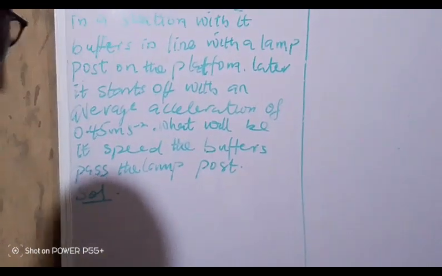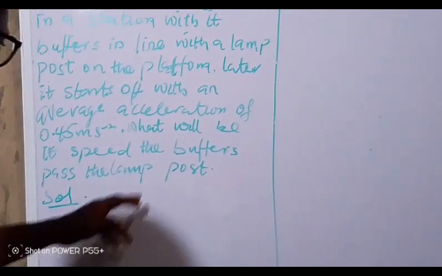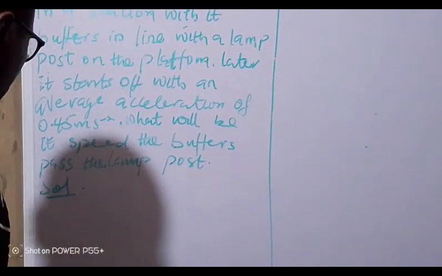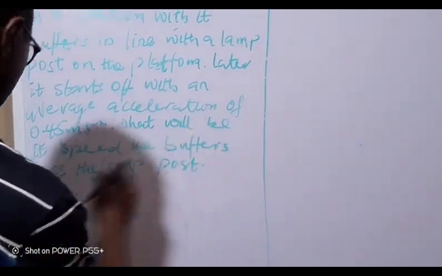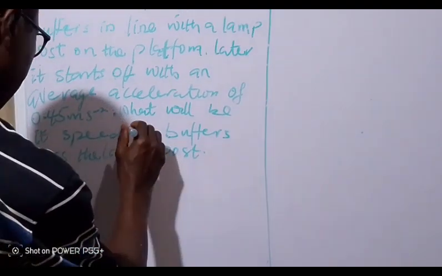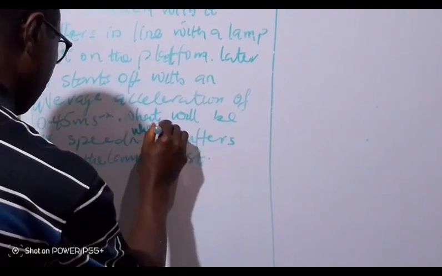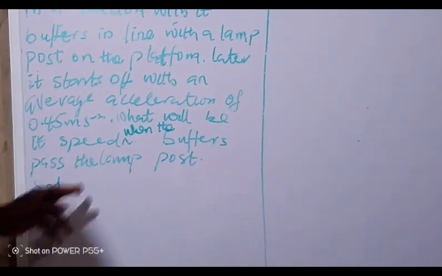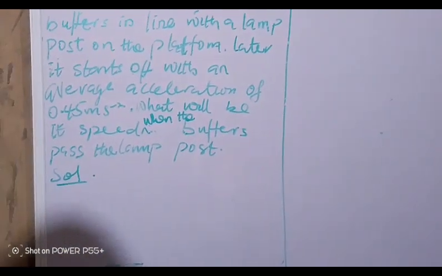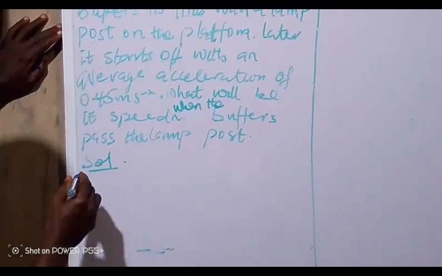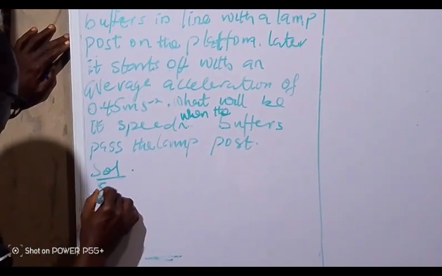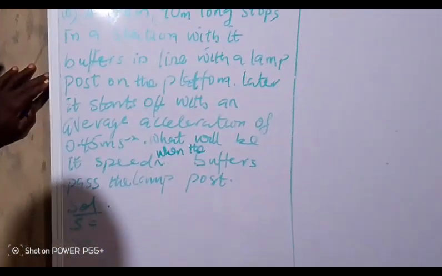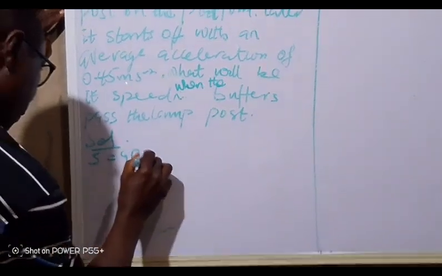Then what will be its speed when the mover passes the lamp post? Now from this one now, indirectly, distance is given. That is, the length of the train as 90 meters.